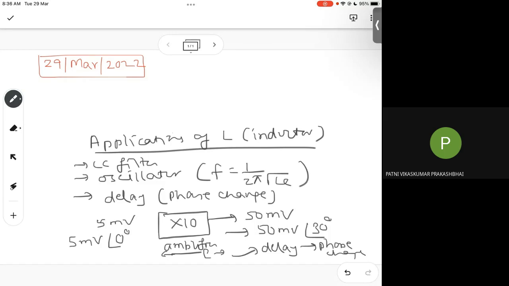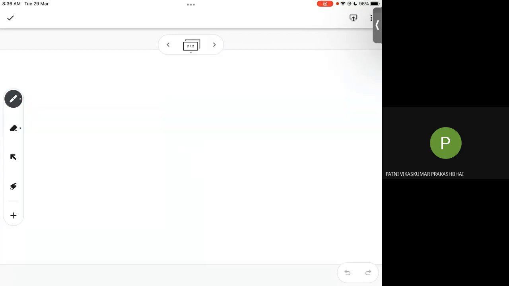Another application, which is very important from the RF point of view, is the RF choke. Just like we have seen that a capacitor is used for a DC block, the inductor is used as an RF choke.